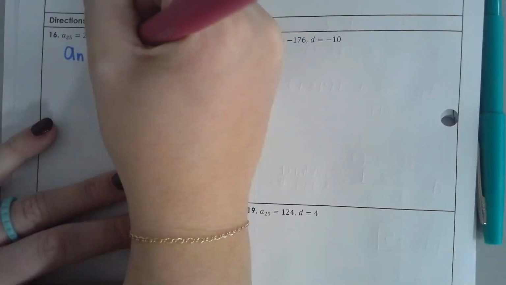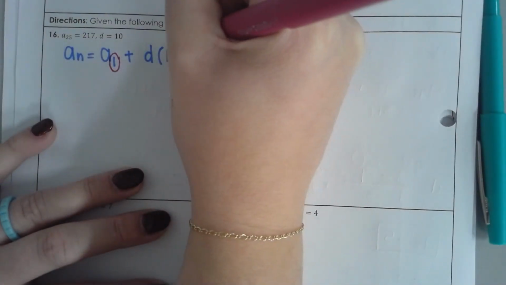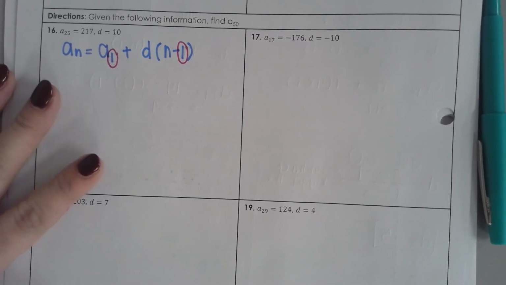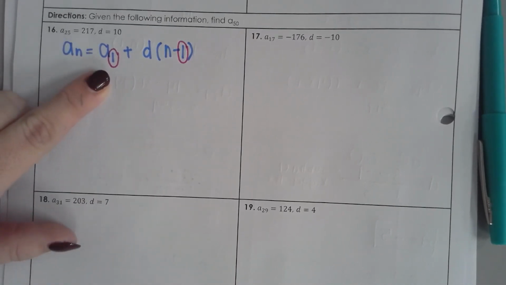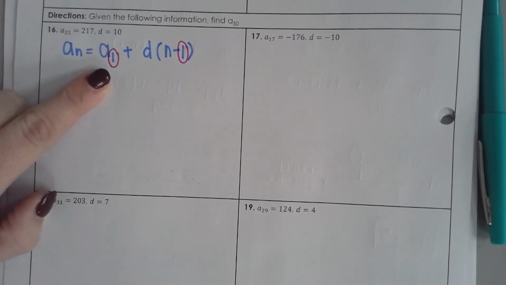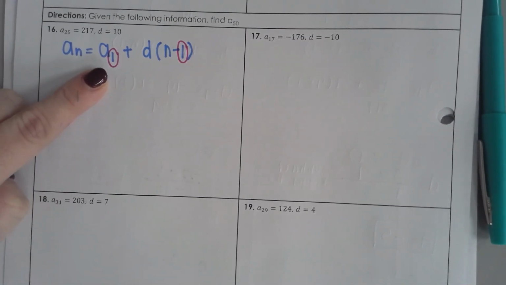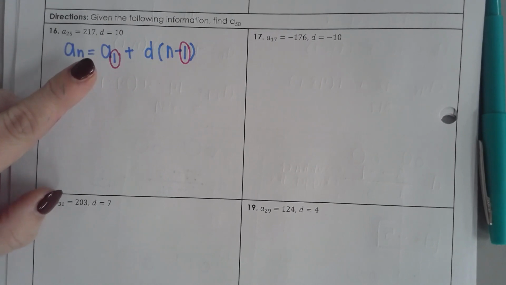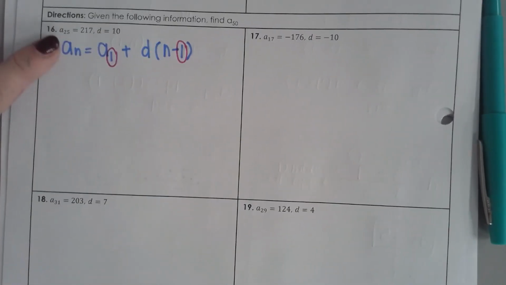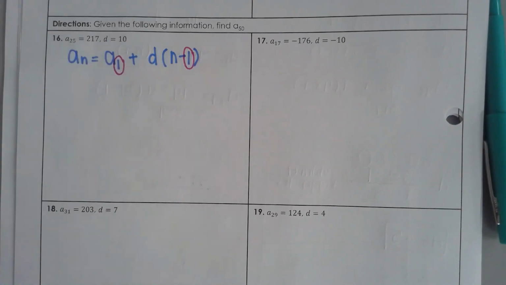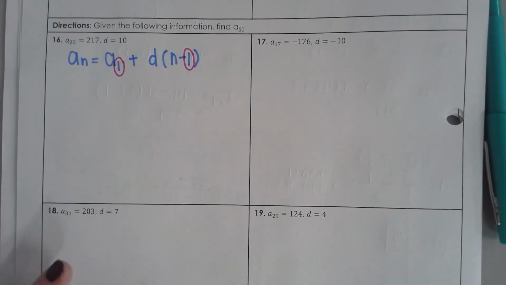I have a 1 here and a 1 there. I can actually change those numbers to anything else as long as I keep them the same. I would specifically pick a number that would help me. Since I'm given a 25, we can change those 1s to be a 25 and it'll still work.